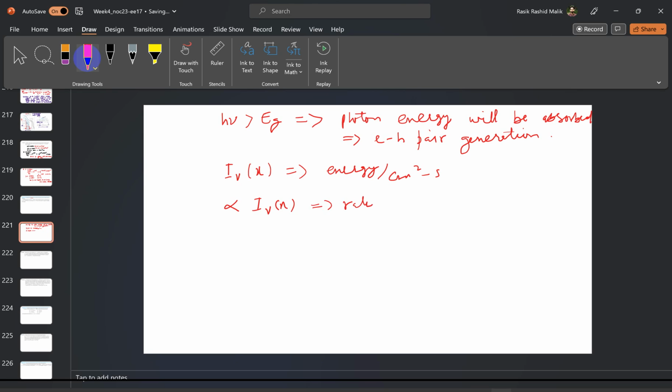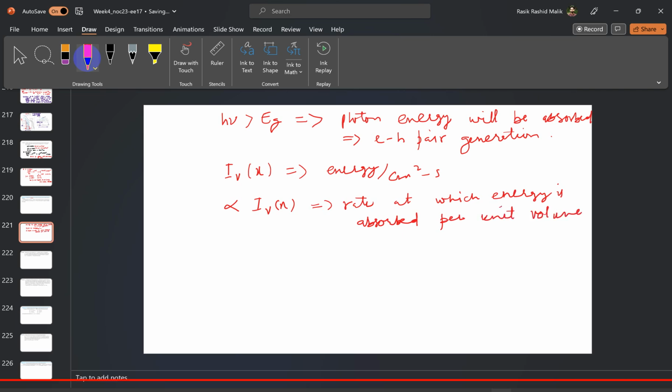It is the rate at which energy is absorbed per unit volume of semiconductor.